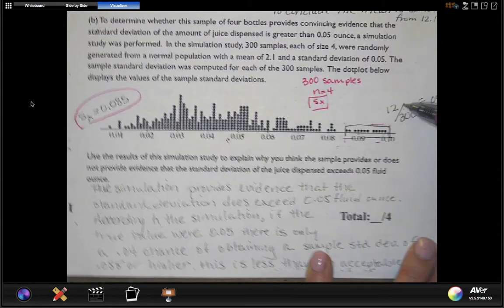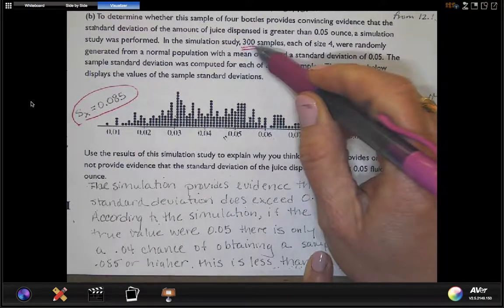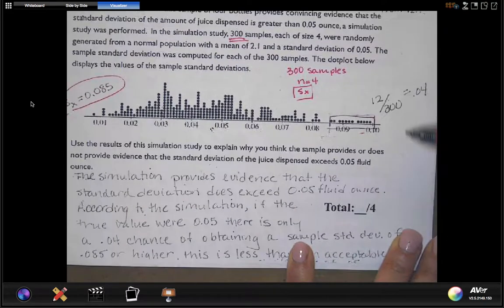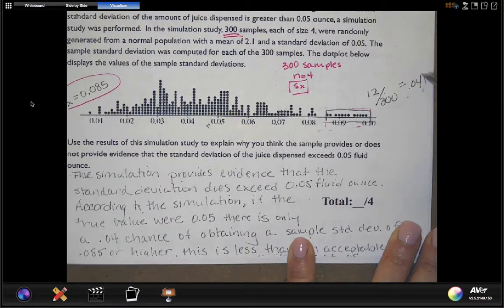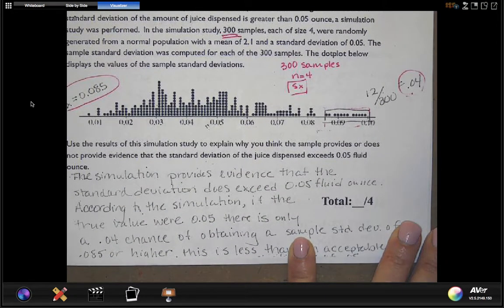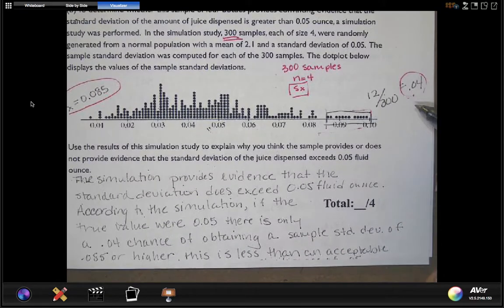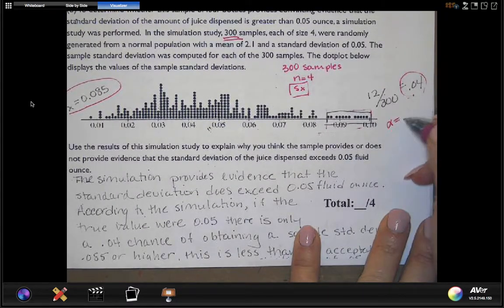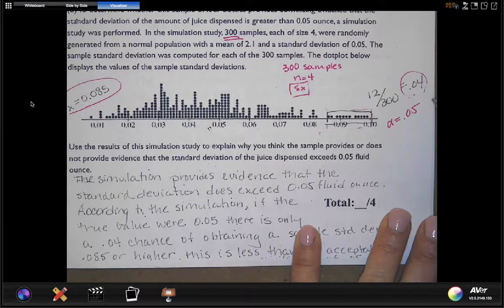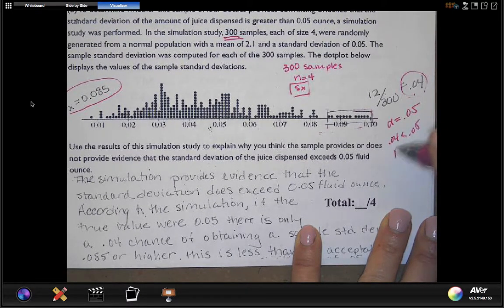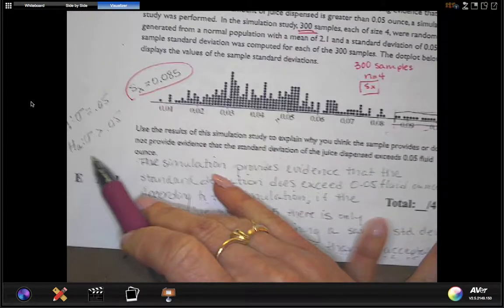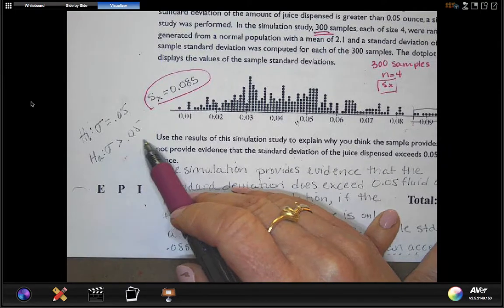If I do that math, remember there's 300 samples, so 300 of these dots. 12 divided by that gives me 0.04. So let's say I am using an alpha of 0.05. In this case, 0.04 would be less than 0.05, so I would reject H0, and I would conclude that the standard deviation is greater than 0.05.